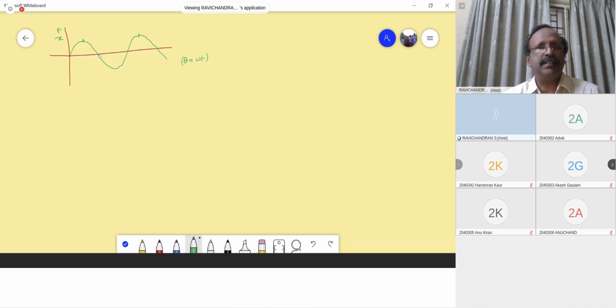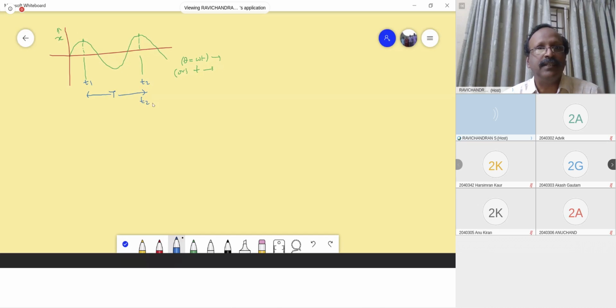Theta is equal to omega t is going this side. Or t also you can take, or you can take it as t here in this direction, anything. Now, this is the position I'm taking. From this position to this position, the time taken is t. This is time t1, this is t2. So this time is t.